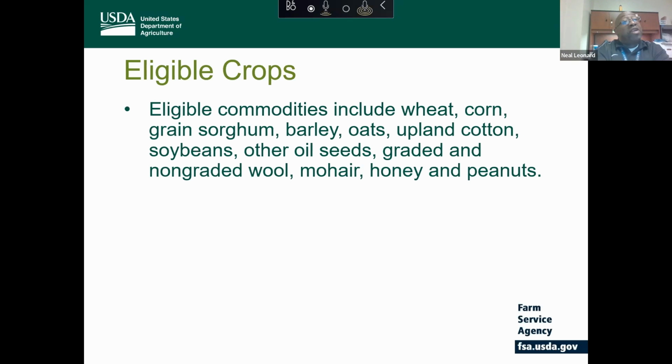I suggest that you go to your local county office or talk to your specialist about this to get further understanding. But with peanuts and cotton, for the most part, all our peanuts that are grown go into marketing loan. We have a DMA, the Direct Marketing Association, and for the most part, they handle all the loans for peanut producers and for cotton producers.